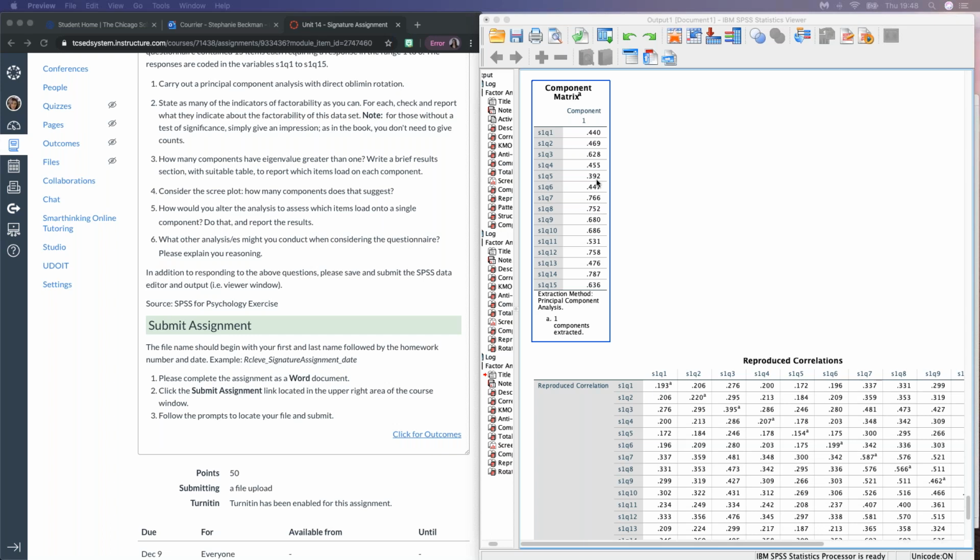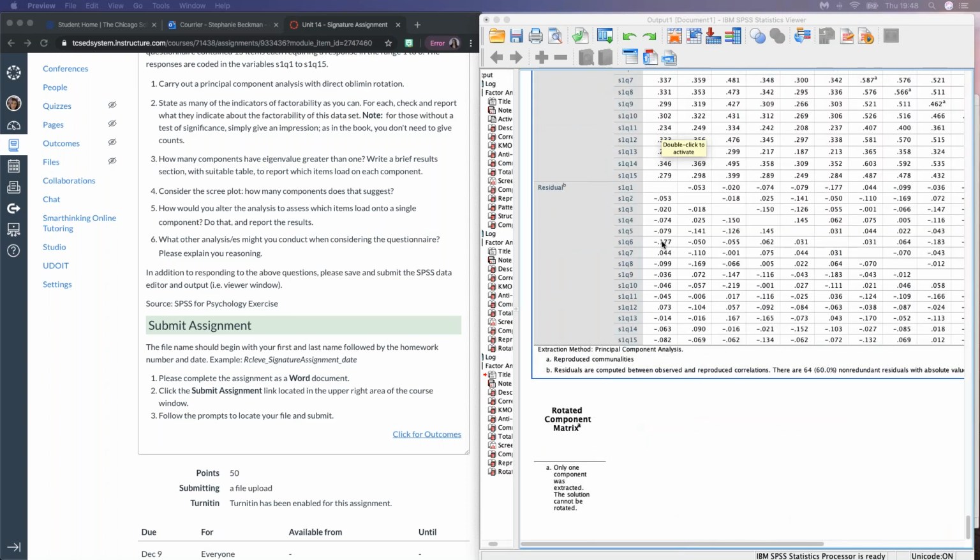So that is the final step in terms of reporting out on this second version of the factor analysis or the principal component analysis. So do that and report the results. We've done that, and we have a bunch of different tables to back that up.